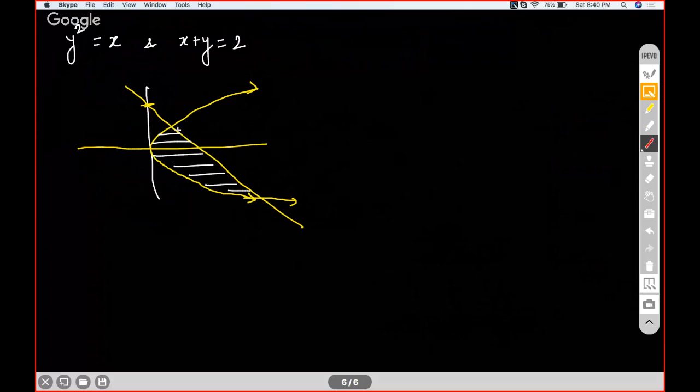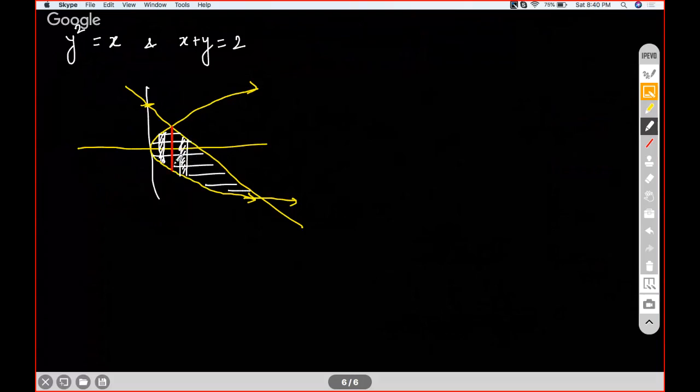Okay, let's look into this. See, I've drawn a red line. Why I've drawn this line is because before the red line, your strip will be starting from the parabola, ending on the parabola, right? After the red line, your strip will be starting from the line and ending on the parabola.